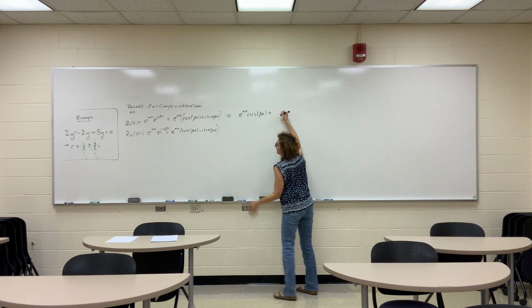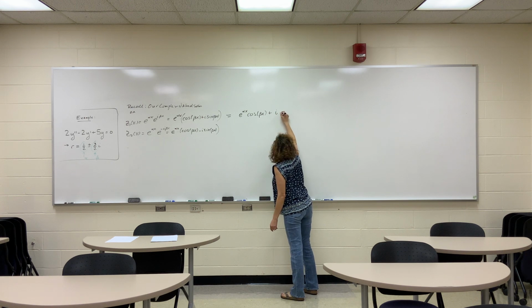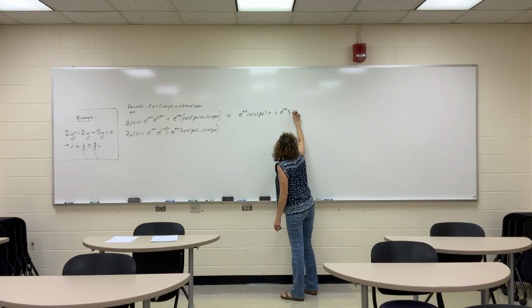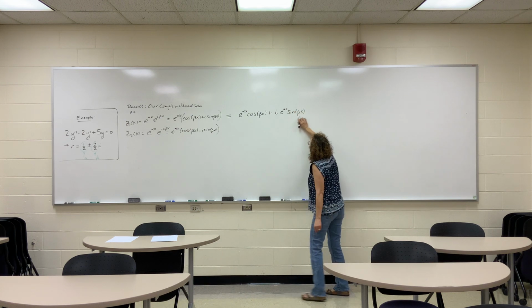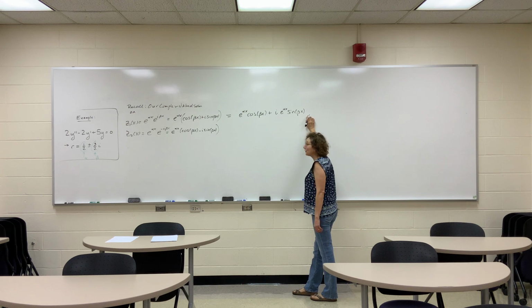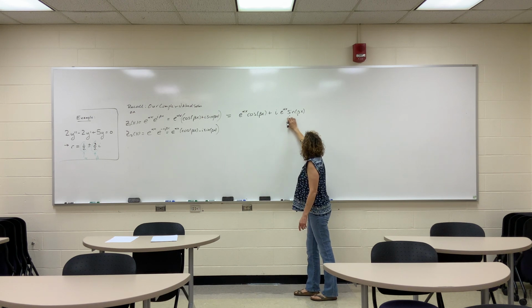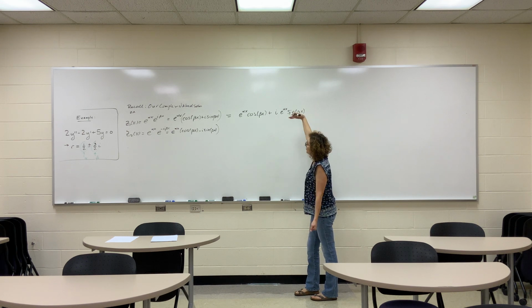Plus, distribute the e to the alpha x: i times e to the alpha x sine beta x, right? E to the alpha x sine beta x is the imaginary part. That's a real valued function, but it's multiplied by i, and that makes this function complex.